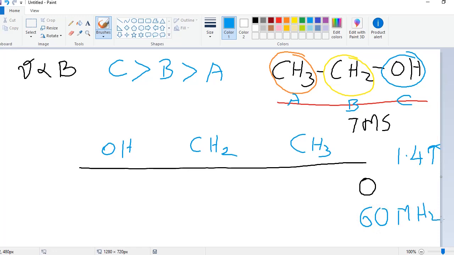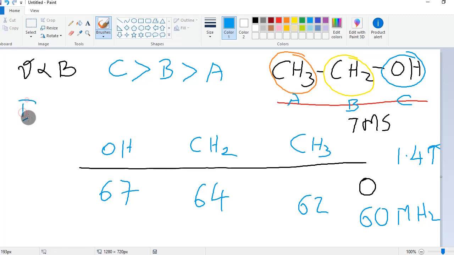At 1.4 Tesla, the precessional frequency of TMS protons is 60 MHz. Then, under the same magnetic field, the precessional frequency of the methyl proton, I am assuming an imaginary value, as 62. That of the methylene proton, let me assume as 64. And that of the hydroxyl proton, let me assume a higher value; these values are hypothetical imaginary values just for the sake of example.